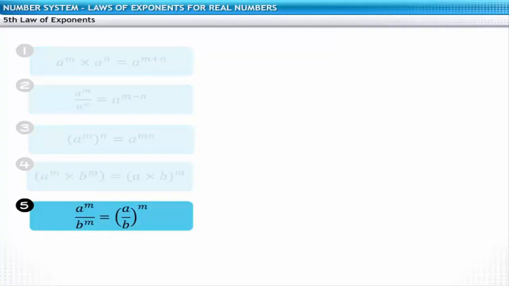Here, a and b are real positive numbers and m is a rational number. Similarly, two different bases with the same exponent can be expressed as follows. This is the fifth law of exponents. The fifth law of exponents states that to divide two different numbers with the same power, you can raise their quotient to the same power. Consider this example.